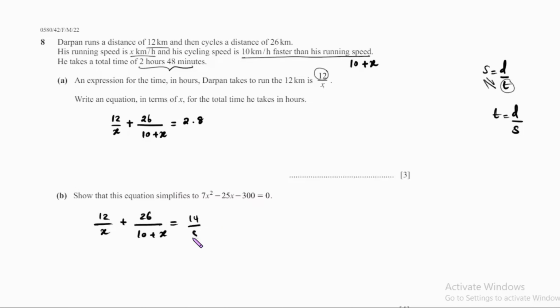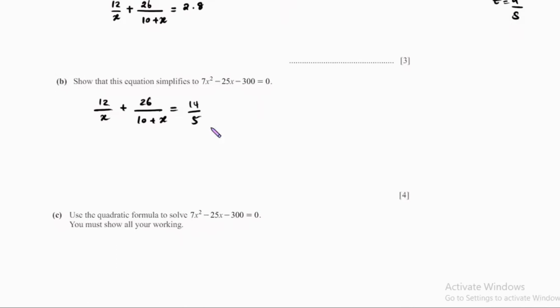So 14/5. Now for me to solve this, I need to make sure to add these two fractions together, because I need to make sure I have just one fraction on either side of the equal sign. Only then can I make use of cross multiplication to solve this. So I need to first add these two fractions together. The common denominator for these two fractions will be x times (10 plus x), because I need to multiply this denominator with the 10 plus x, and this denominator with the x that I have in the first fraction's denominator.